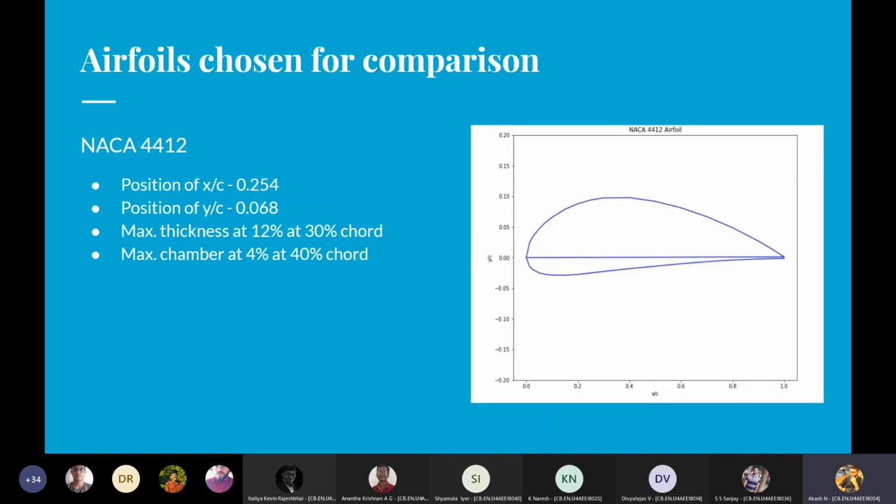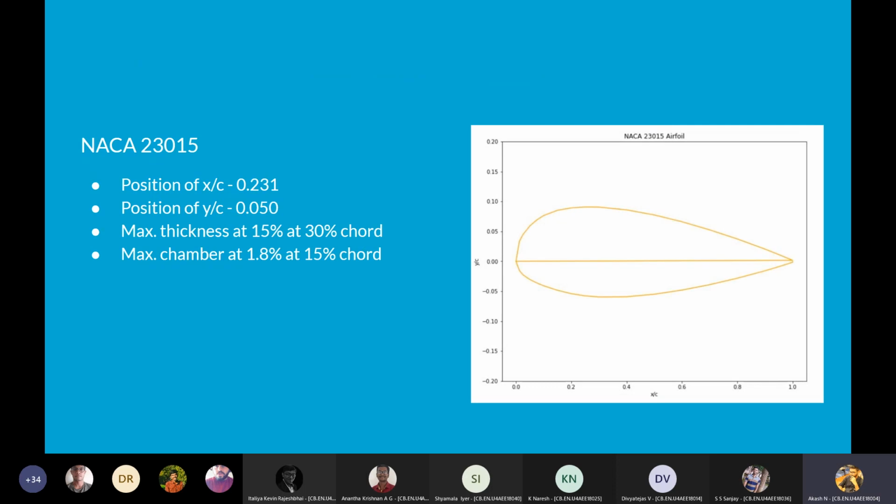So airfoils chosen for comparison. The first one we have gone with is a 4-digit NACA airfoil, NACA 4412, and the maximum x/c, y/c, and maximum thickness and camber details are as given. The second one we have chosen was a NACA 5-digit one, NACA 23015.